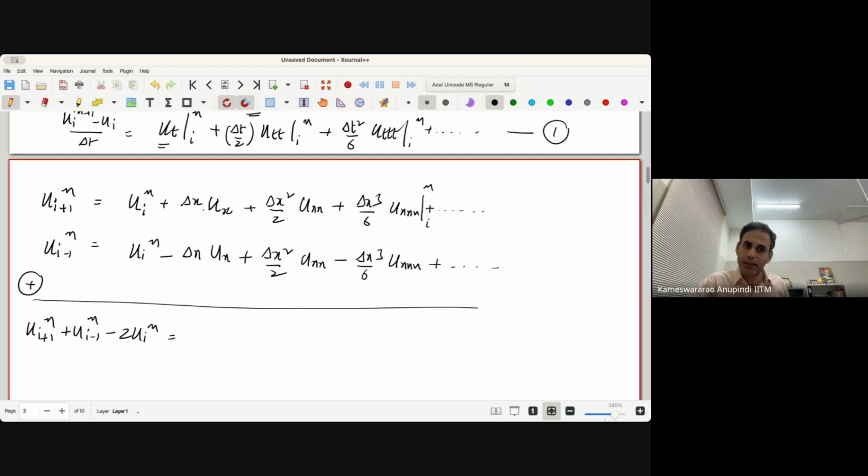Then when you add, delta x and minus delta x become 0, and delta x squared by 2 u_xx, 2 halves becomes 1. So this is delta x squared u_xx.